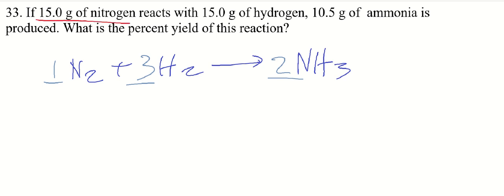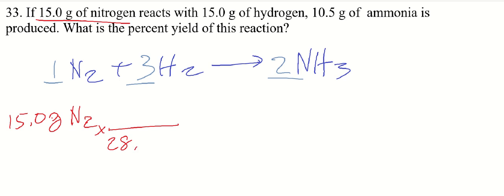If we start with 15.0 grams of nitrogen, the first step in stoichiometry is to convert that to moles. So the molar mass of nitrogen is 28 point... You know what?